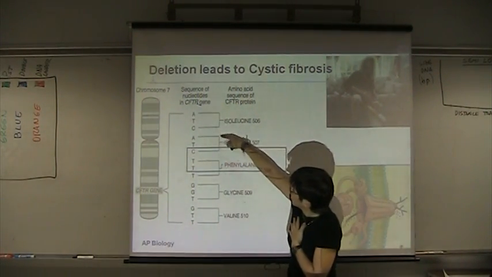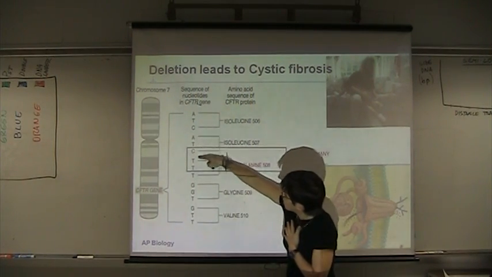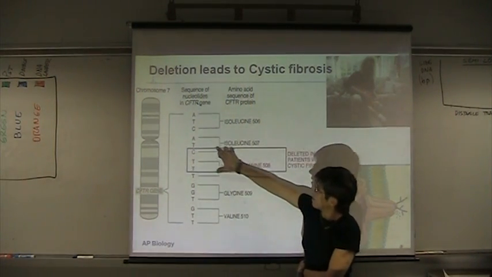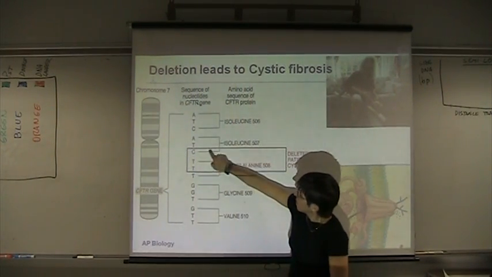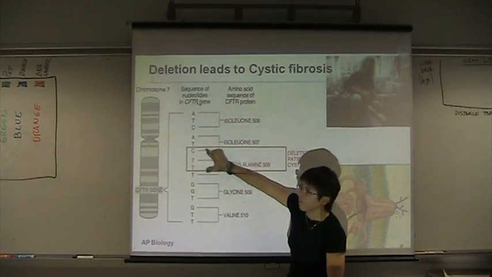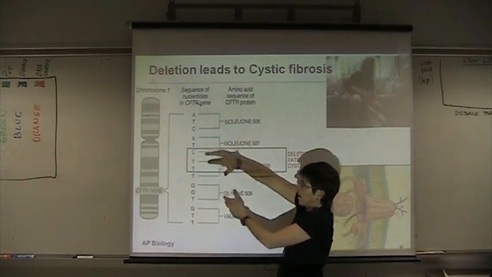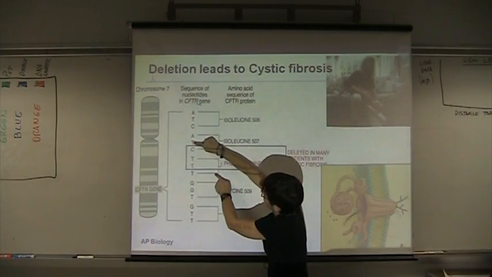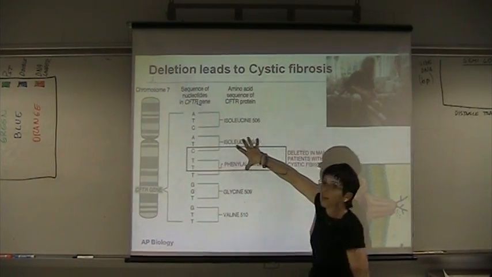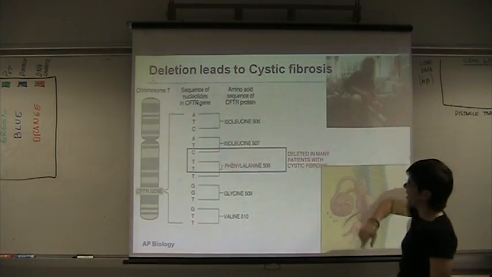And this is part of the sequence. What happens here? These three are removed. When you remove these three, since they are part of different codons, you have these two join each other, and they produce a completely new amino acid here.